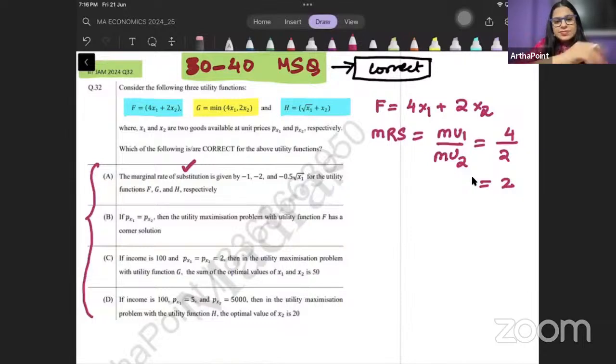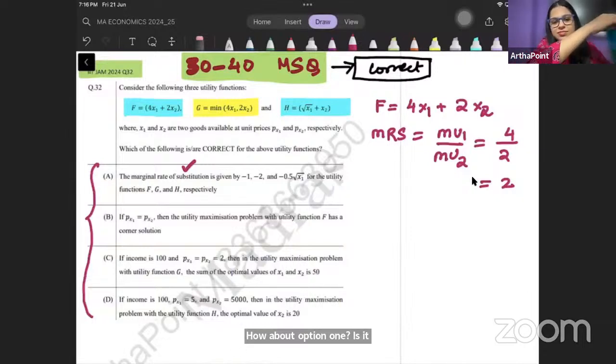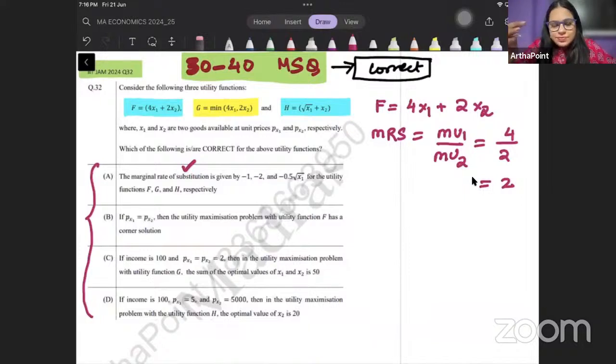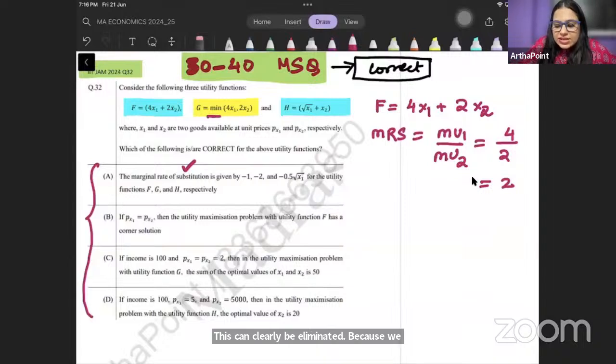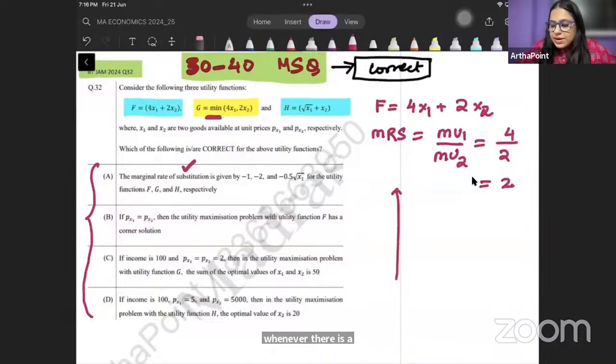How about option 1? Is it correct? If we look at option 1, this can clearly be eliminated because we know that whenever there is a min function, that means that these are complementary goods.